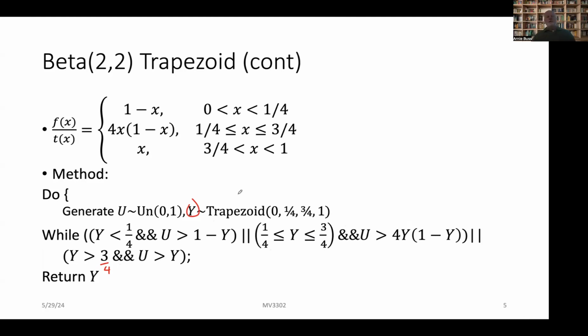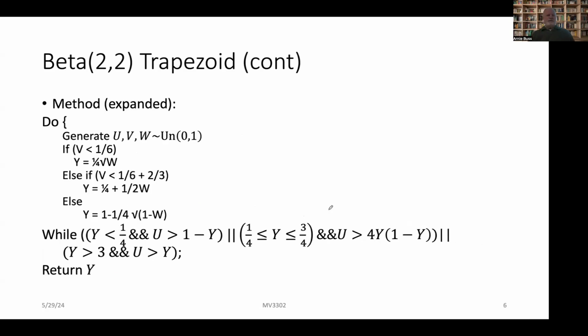So that's a first cut, because if we already had an implementation of the trapezoid, we can be lazy and do that. But I encourage going from the raw materials.